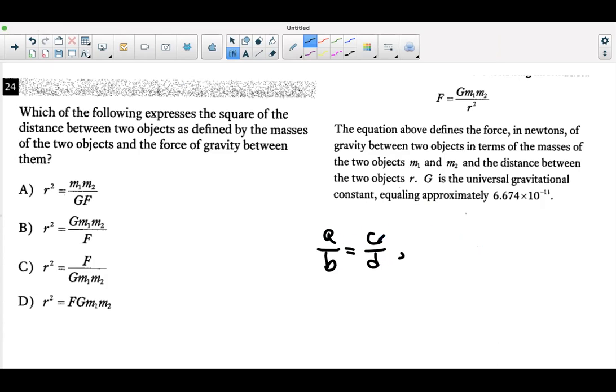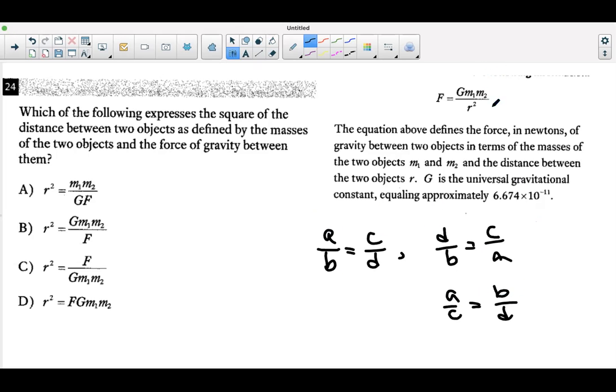So I could swap A and D, so I get D over B is equal to C over A. Or I can swap the other two. A over C is equal to what? B over D. They are all the same. Not the ratio itself, but we are keeping the balance between the ratios, they're always equal.